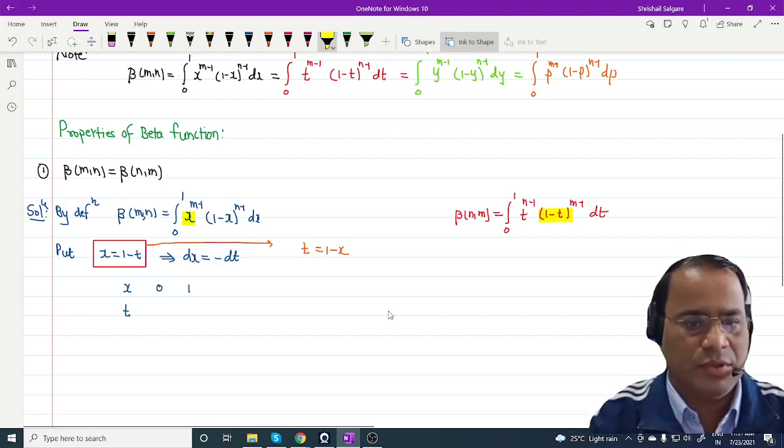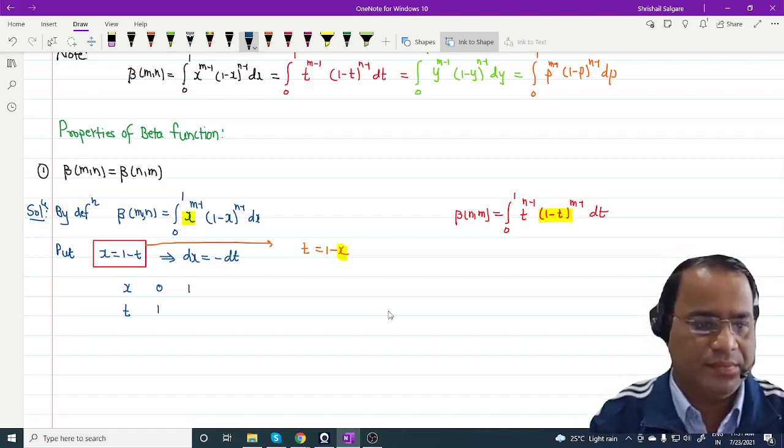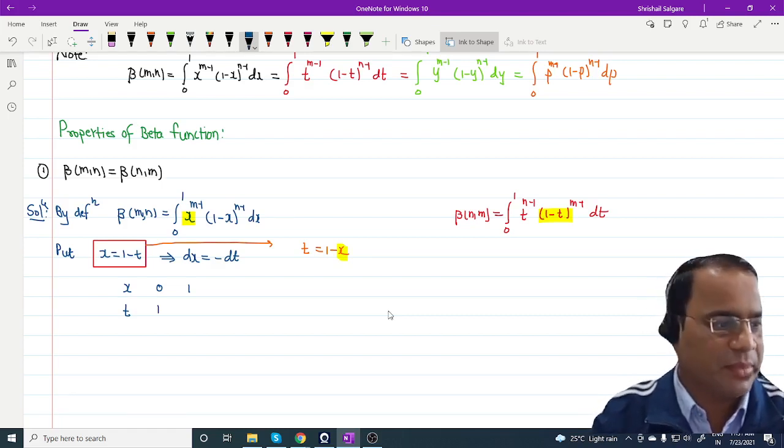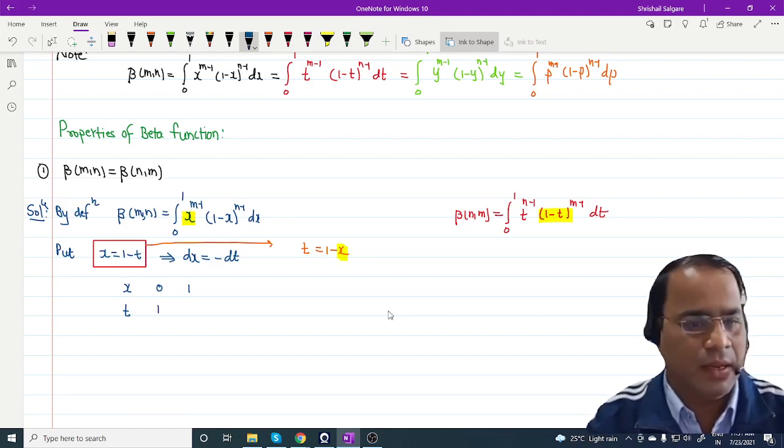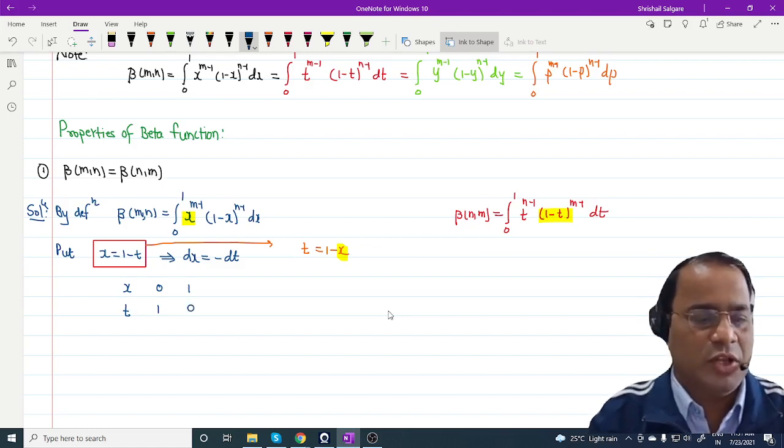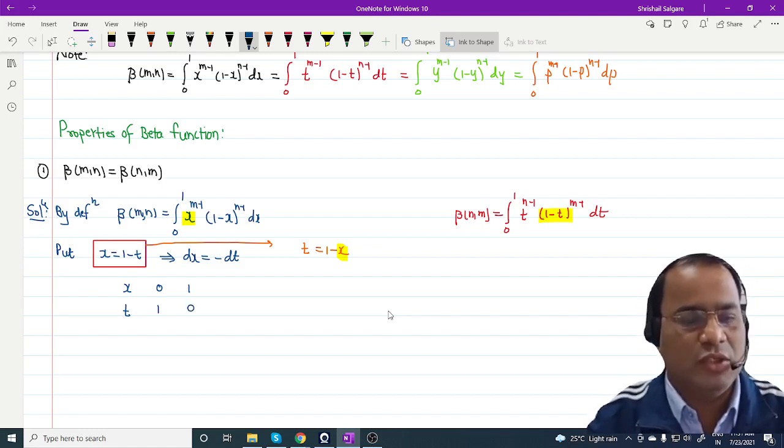You have to substitute the value of x as 0. Then t is 1. Yes, it's 1. I think some students are sleeping because of rainy season. Next one, if x is equal to 1, what is t? It is 0. Okay, so new limits for the integral are 1 to 0.